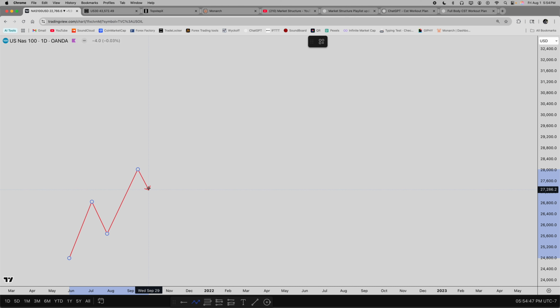Boom, price comes back down and we make a higher low, because this low that we're making is higher than this previous low. Boom, higher high, higher low. And essentially that is an uptrend. If you see that in the market, we are going up.